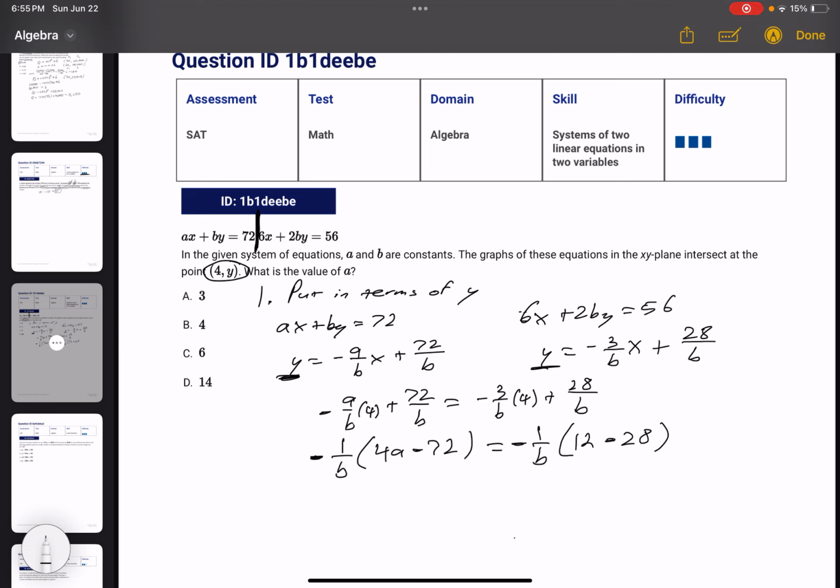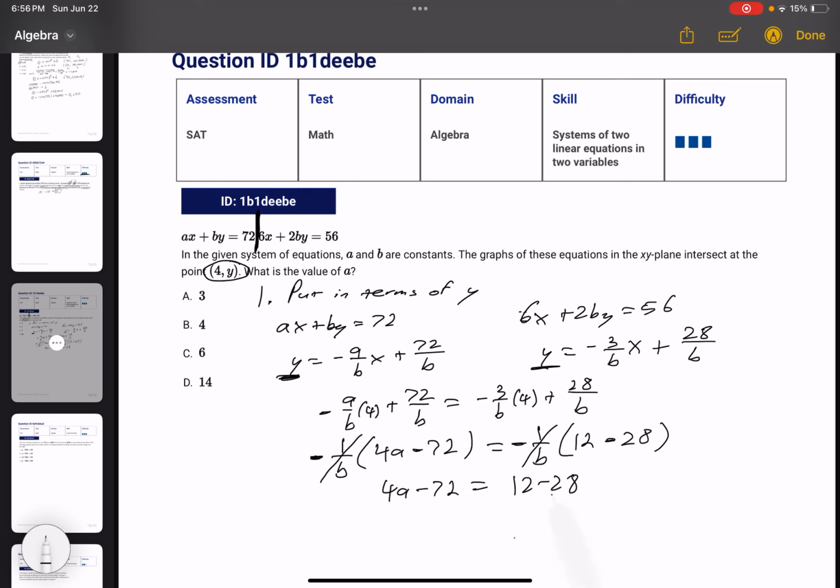I hope that makes sense. We're just doing algebra here, but we're factoring out a denominator of each number. So with that, we can cancel out each of these from the sides, and we have 4a minus 72 is equal to 12 minus 28.